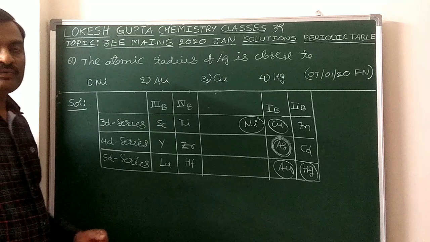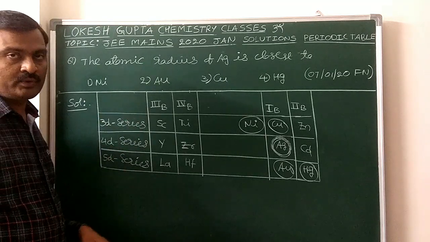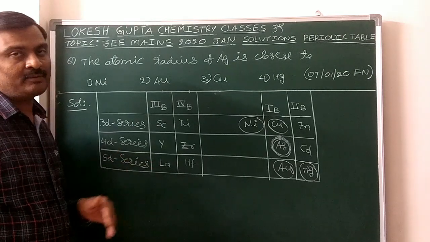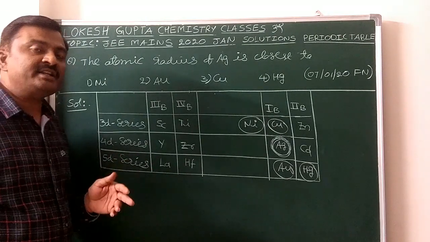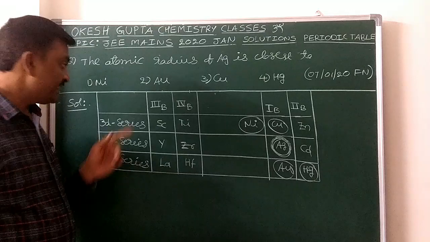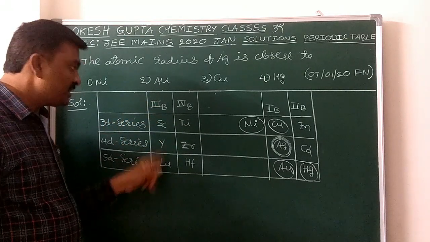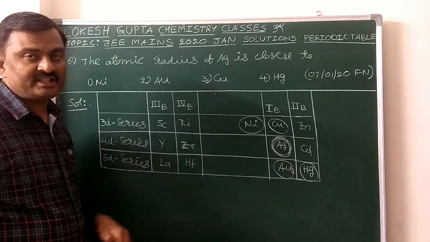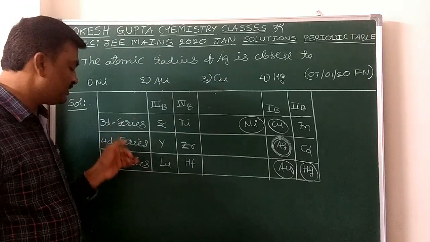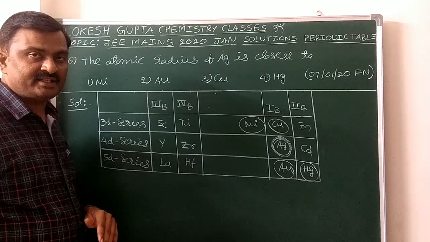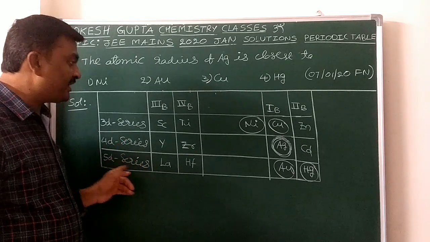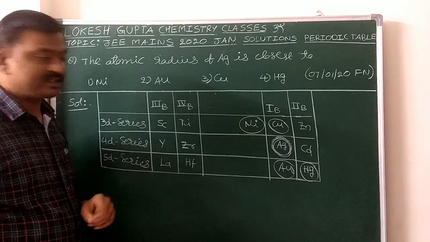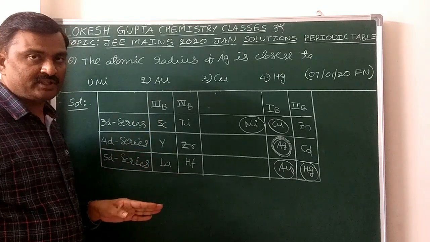See, we know that down the group in the d block also atomic radius increases. But here the exception is, except in 3B group, in the remaining groups of the d block elements, from 3d series to 4d series, atomic radius increases. But 4d and 5d series elements have nearly equal atomic radius, except 3B group elements.